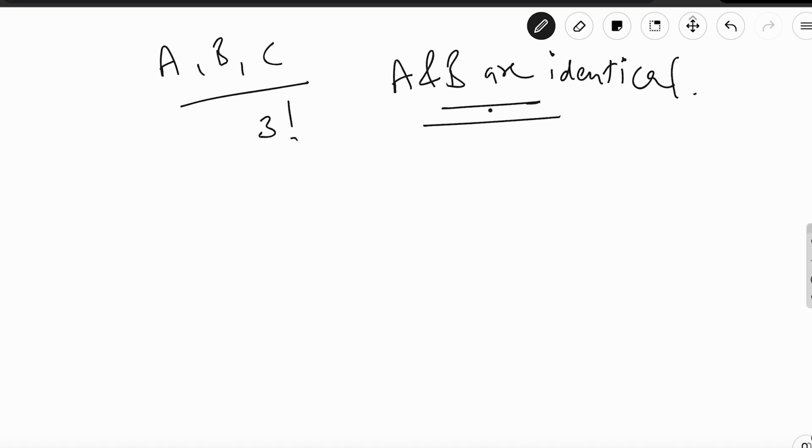When we say the total arrangement is 3 factorial, these are counted as extras since these two are identical. So the total number of arrangements will be 3 factorial divided by 2. Why are we dividing by 2? Because the condition mentioned is that A and B are identical. We considered them as non-identical in the total, but since they are identical we divide by 2.